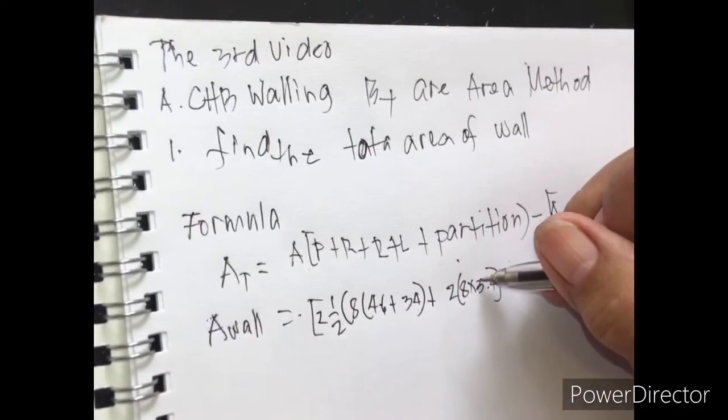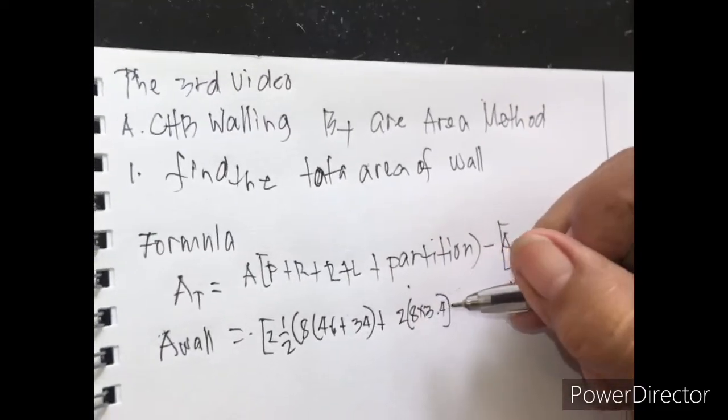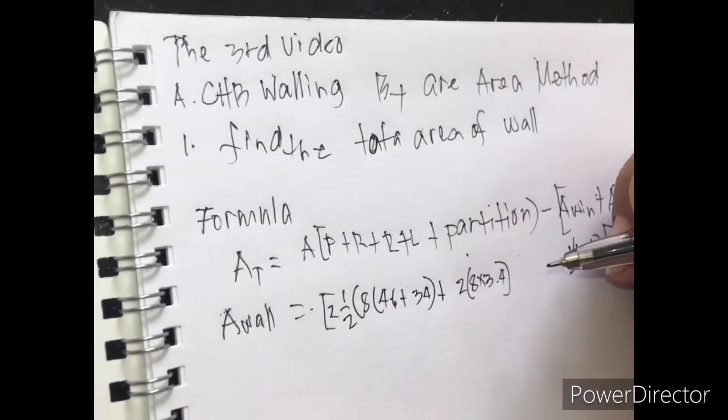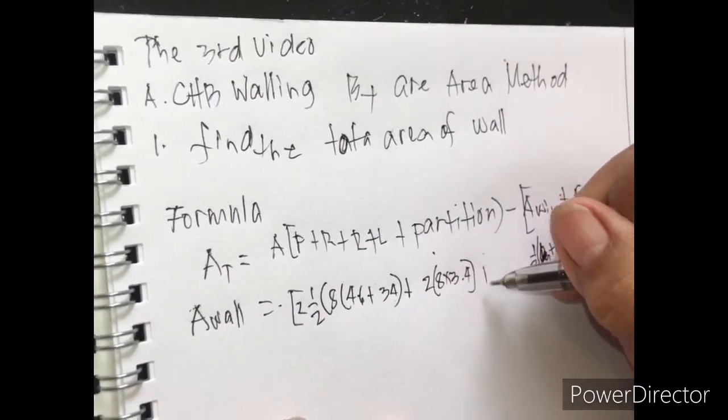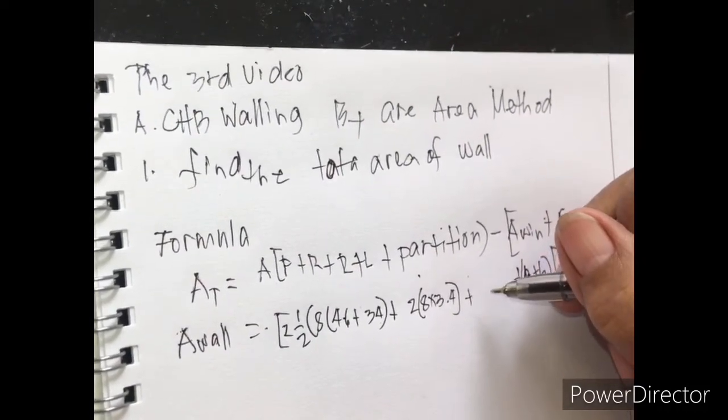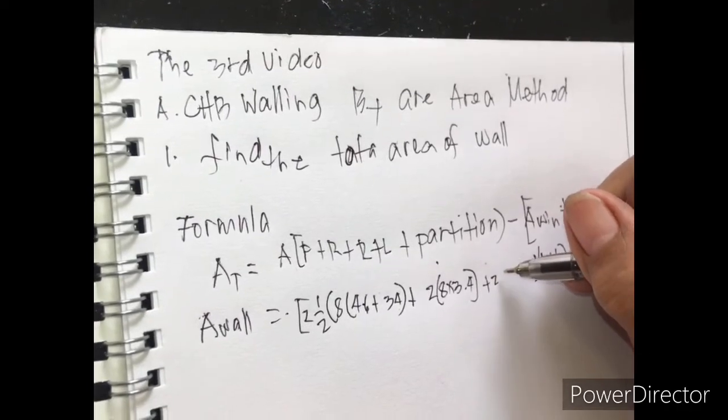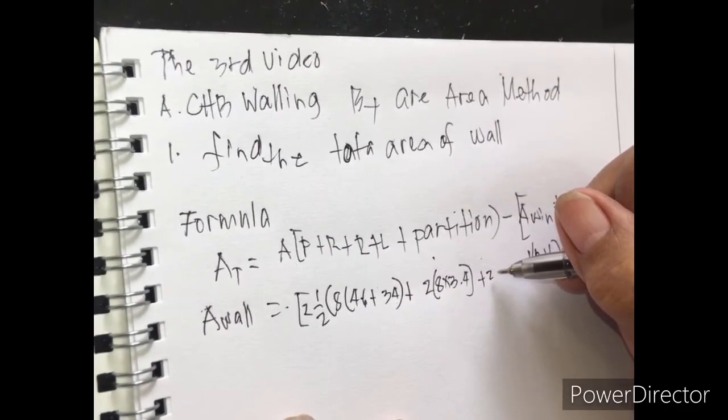This is now 3.4 since we extend 2 pieces of hollow block to the ground. So, plus 2 CR partition.